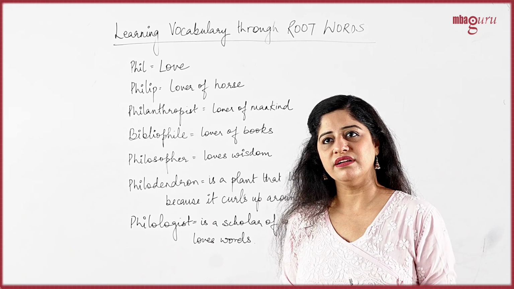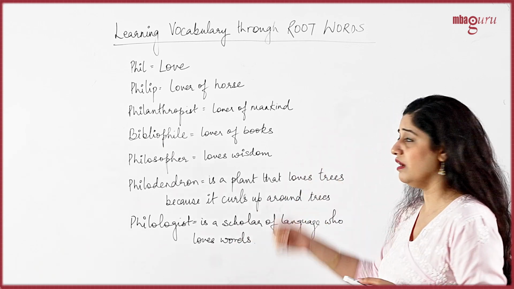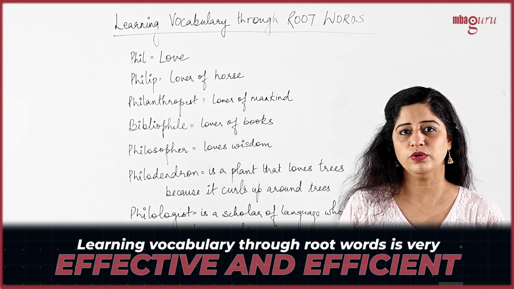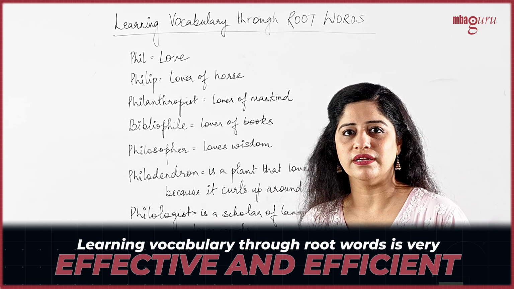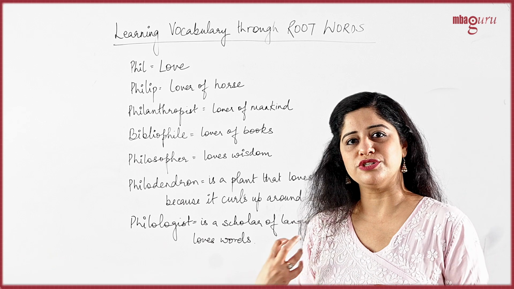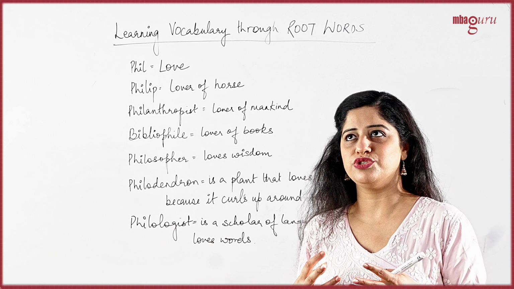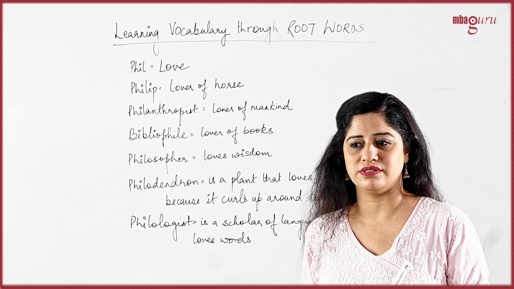So a very effective and efficient technique is to learn vocabulary through root words. What's a root? A root is the most basic unit, like the root of a tree, something that links it to the origin. Similarly, the English language has words that it takes from a lot of languages.